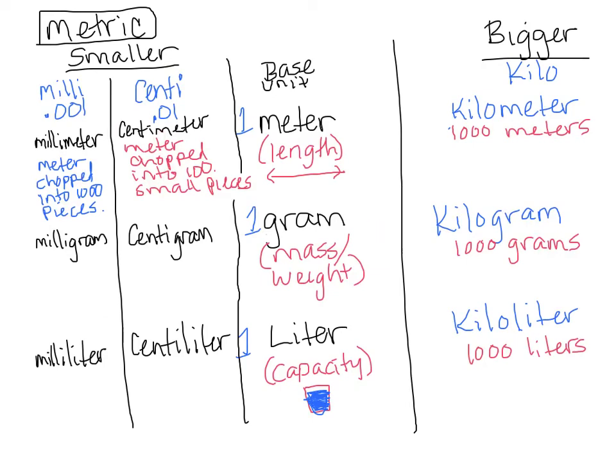And it's all in base 10: 1,000, 100, base 1, and 1,000 again. So the metric system is pretty easy that way, and the math involved is very easy because you're dealing with base 10. You can just move decimals around, super easy.